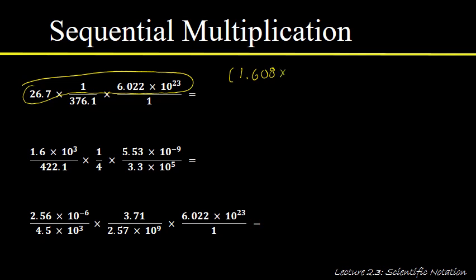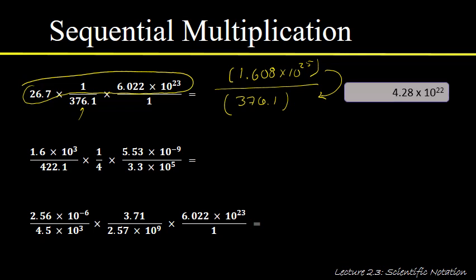1.608 times 10 to the 25, and then I would clear the calculator and I would type in 376.1 times 1, which of course is just going to be 376.1. And then, after I got both of those numbers, I would take the first number and divide it by the second number.